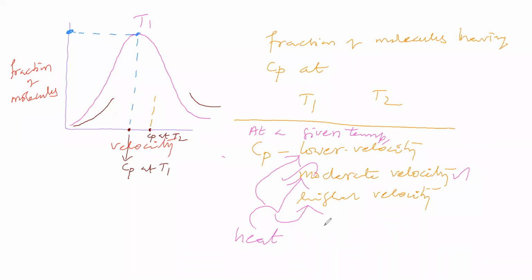Therefore, what happens to the number of molecules here? You are supplying heat energy, so from here some of the molecules move to the higher velocity side. So the number of molecules here is getting reduced.